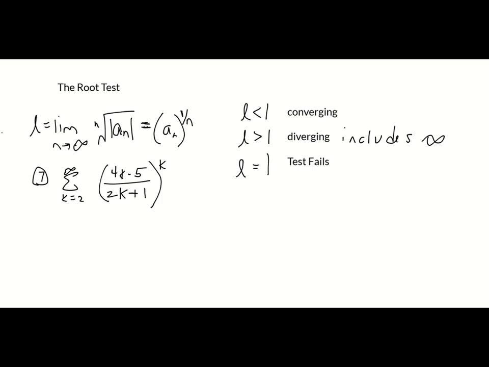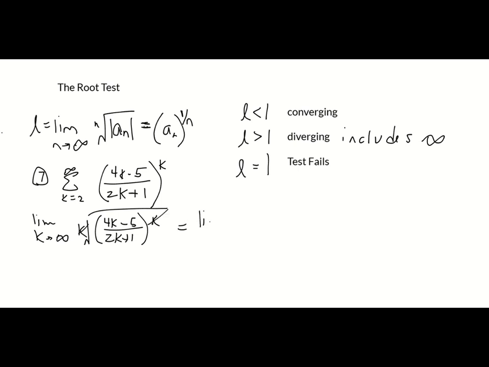So we're going to do the limit as k approaches infinity of this series rule under the kth root. So we've got to the k power, then we're going to take the k root. That's nice because the k root cancels out the k.